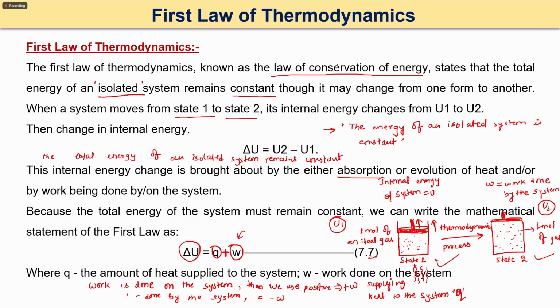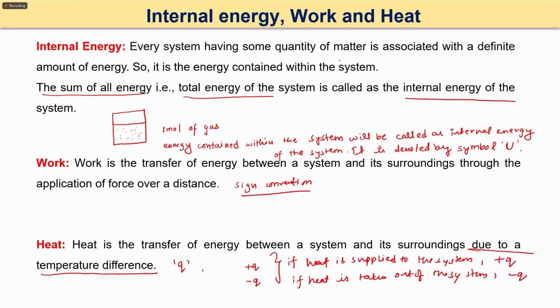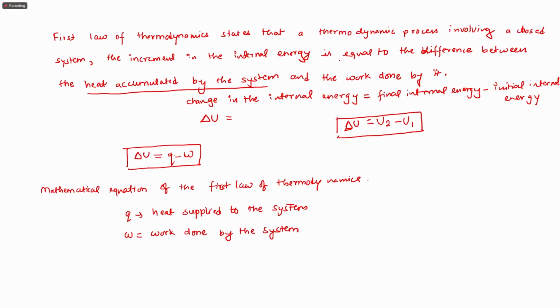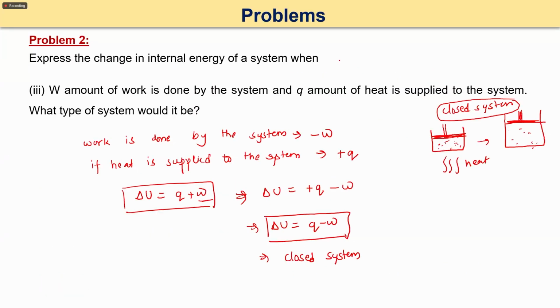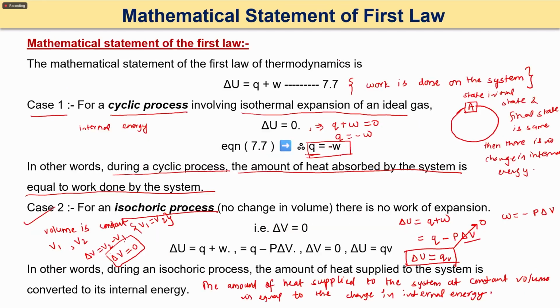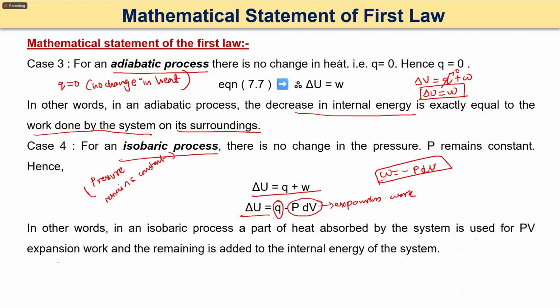That is, energy remains constant. Okay, that means energy of the universe remains constant. Okay, then we derived the mathematical statement of the first law, that is delta U is equal to Q plus W, and then we calculated the change in internal energy for various processes, like for cyclic processes, for isochoric and adiabatic, and then isobaric process.